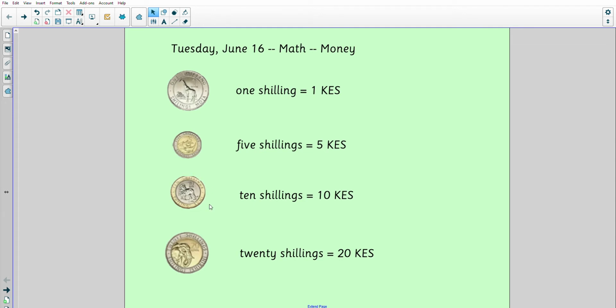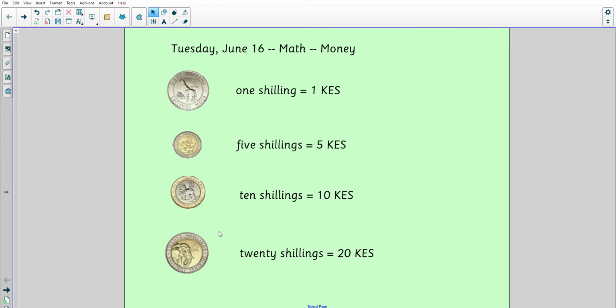This one has a lion. I forgot to mention with the 5, but all of the coins should say the number of shillings in English on the top and Swahili on the bottom. 10 shillings in words equals 10 in numerals, KES.